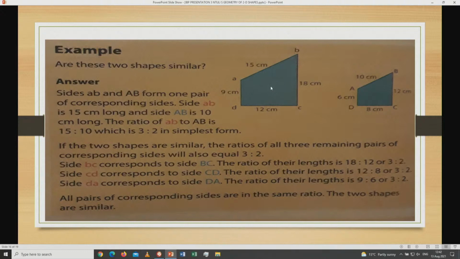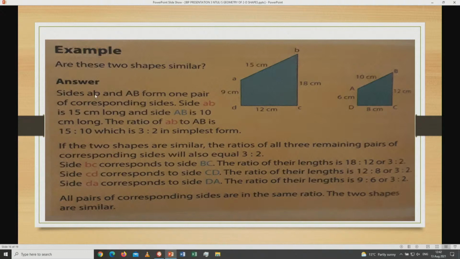Are they similar? I would say yes. They are similar. Are they congruent? Definitely no. We can see this is bigger than this one, so they are not congruent, but they are similar because this looks exactly like this. It has got 1, 2, 3, 4 sides. So they are similar.